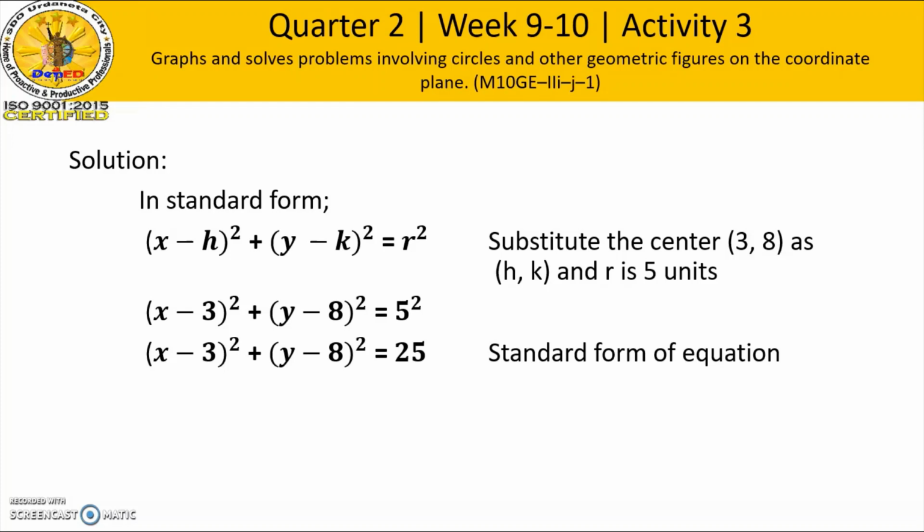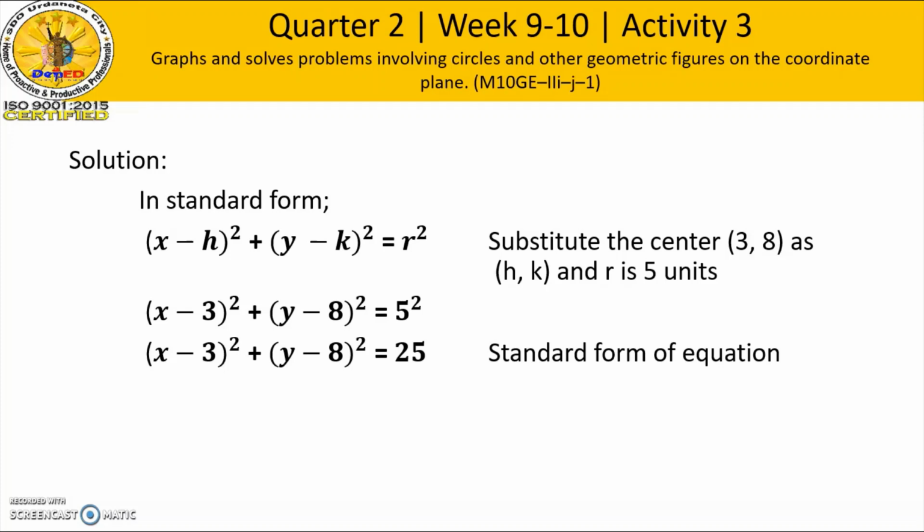We will substitute the values of h and k, which is the center (3, 8), and r of 5 units. So we have (x - 3)² + (y - 8)² = 25, the standard form of the equation of the circle.